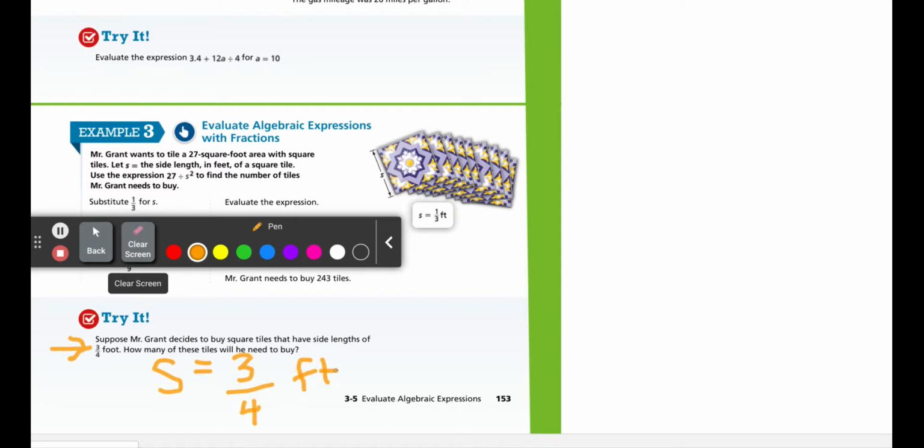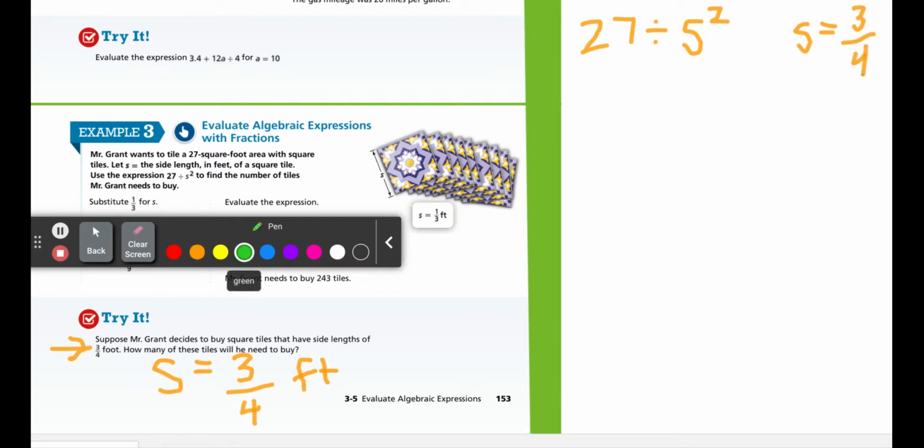We're using that same expression. So again, copy the expression into your notebook. 27 divided by S squared. And now S equals 3/4. Okay, so they're telling us what S equals. Let's plug it in. We'll have 27 divided by 3/4 squared.